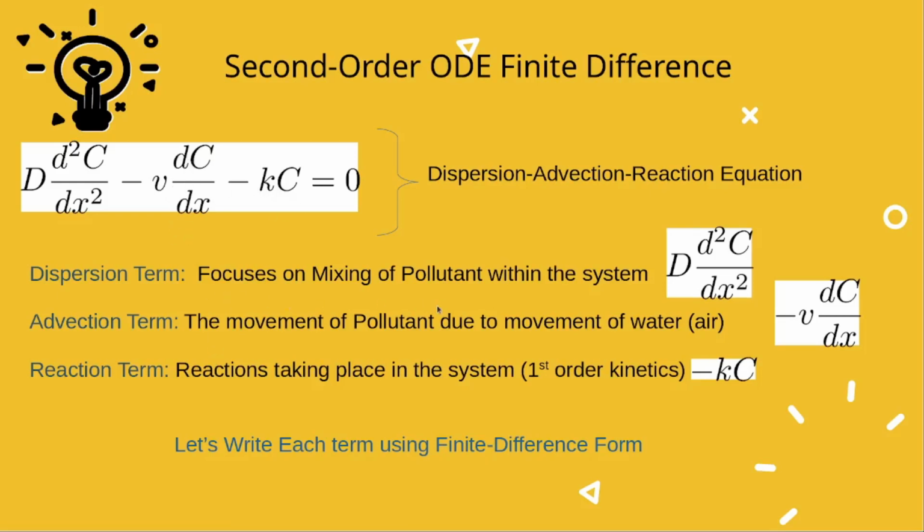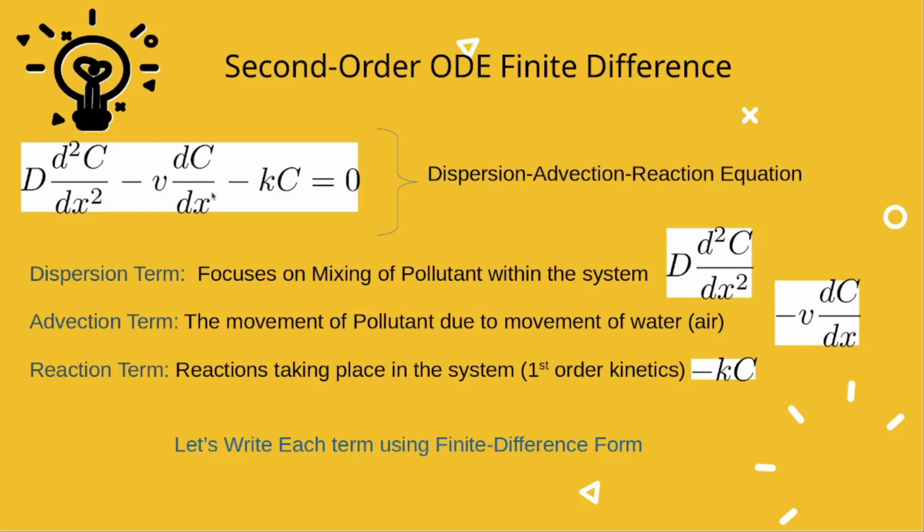The dispersion essentially is the mixing that is taking place in your system, because as water moves through the system, different parcels of water are actually moving at different velocities, and there is also molecular diffusion, or movement of chemicals from high concentrations to low concentrations, that adds to this mixing and causes the movement of pollutant. And that's what this dispersion term captures.